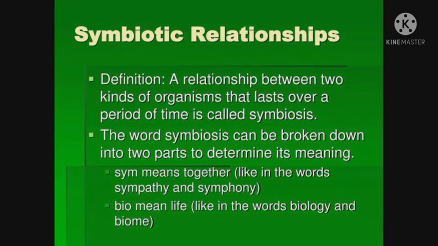Symbiotic relationships. A relationship between two kinds of organisms that lasts over a period of time is called symbiosis. The word symbiosis can be broken down into two parts. Sym means together. Bio means life.